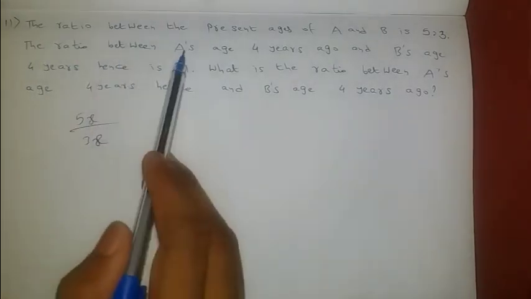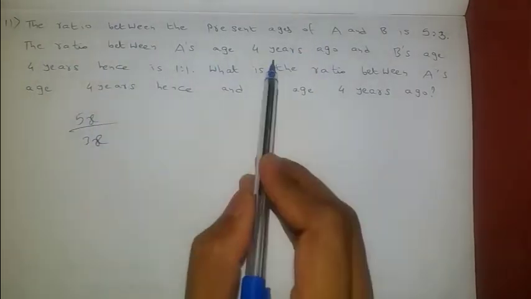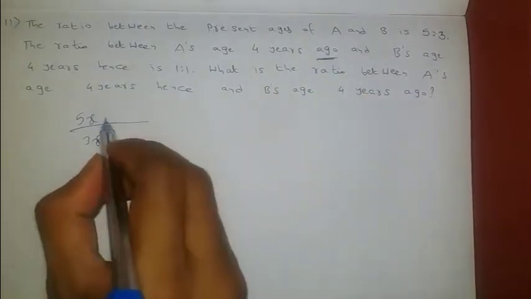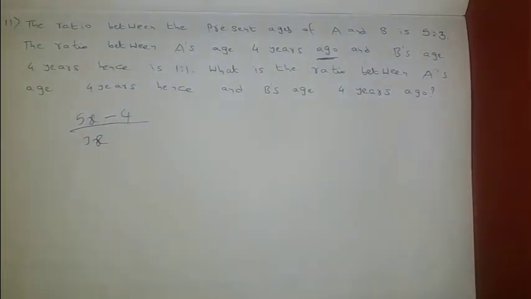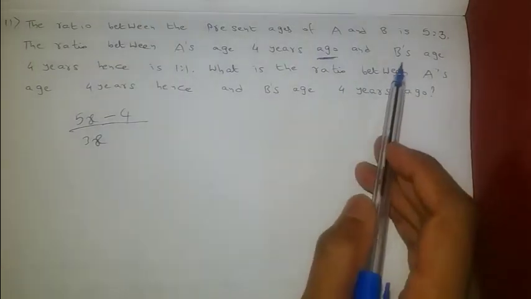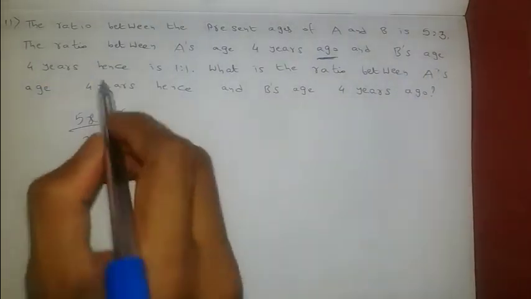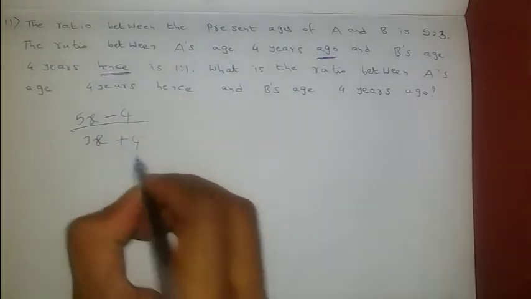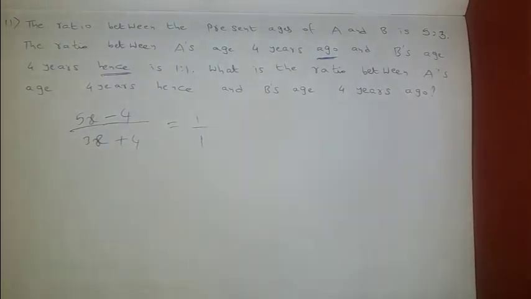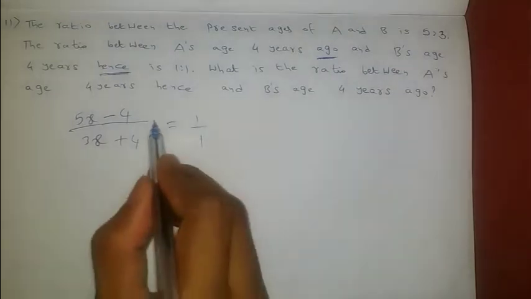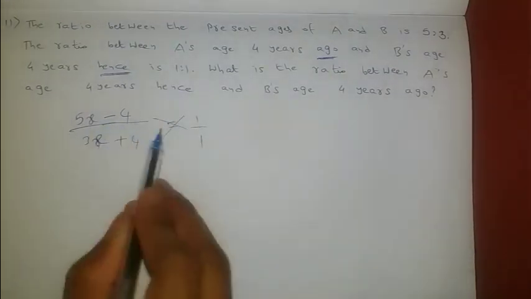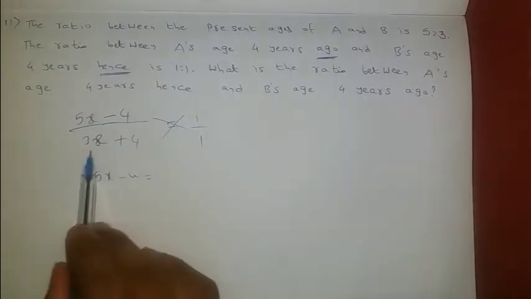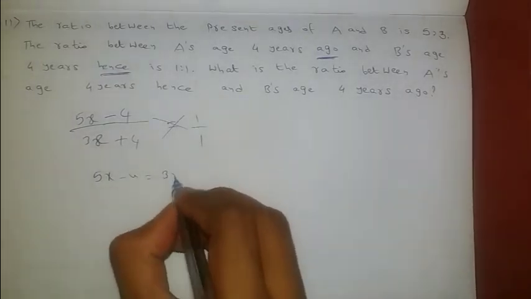The ratio between A's age 4 years ago, that is minus 4, and B's age 4 years hence, nothing but after 4 years, will be 1:1. So if we cross multiply, 5x minus 4 into 1 is nothing but 5x minus 4 is equal to 3x plus 4 into 1, 3x plus 4.